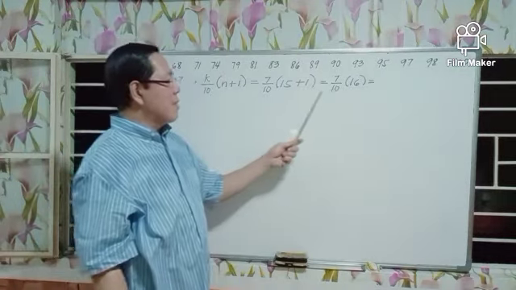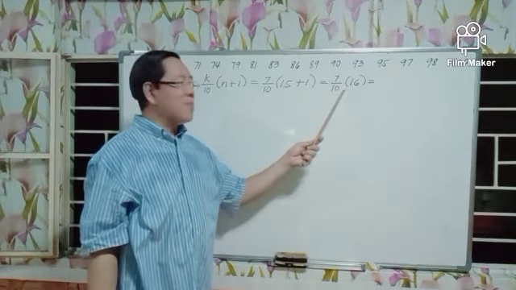We multiply 7 by 16 and then divide the product by 10.